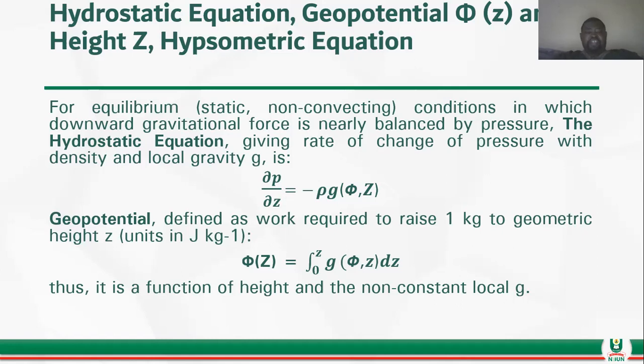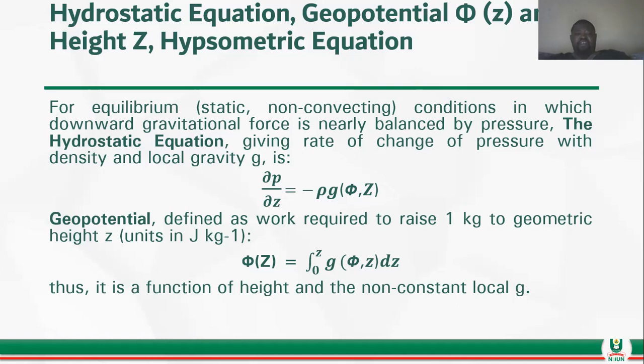Then the geopotential can be defined as the work required to raise 1 kilogram to geometric height Z. The unit of geopotential is joules per kilogram.